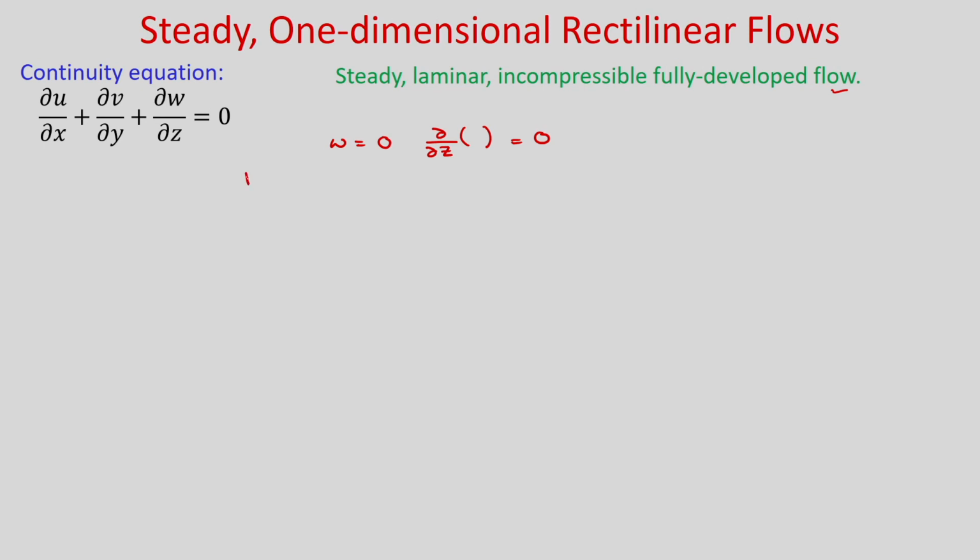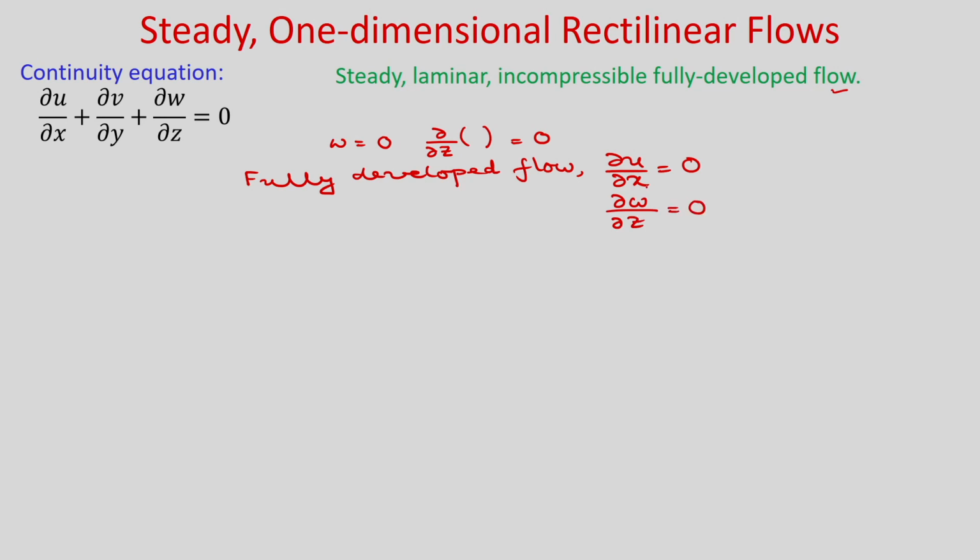Now, as it is fully developed flow, so we have del u by del x is 0, velocity profile u does not change in the direction of the flow. So, obviously you can see that we have del u by del x is 0 and also del w by del z is 0.